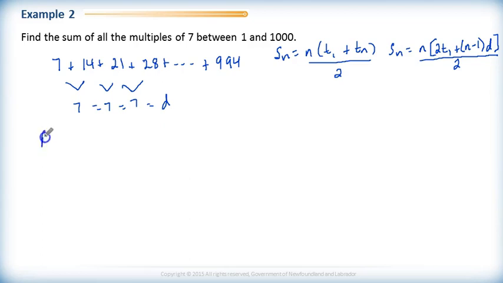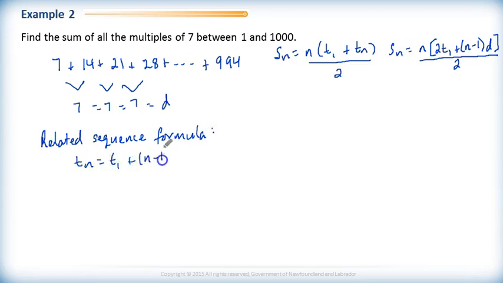A related sequence formula. We will go back to t sub n equals t sub 1 plus n minus 1 times d.